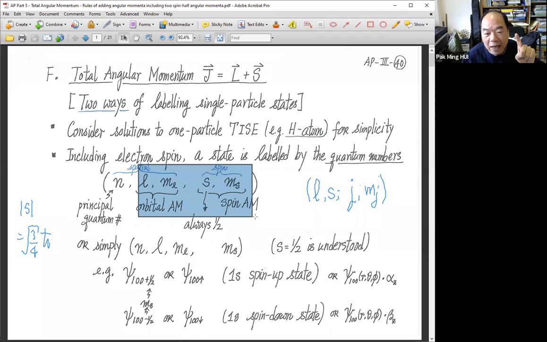Mathematically, in one sentence, they are just linear combinations of each other. We can do that. Whether it is a good thing to do or a bad thing to do depends on the situation. But mathematically, you have these states, I have another set of states, and one can be expressed in terms of the other. So let's develop it further.